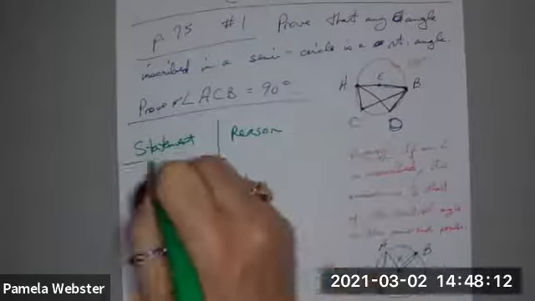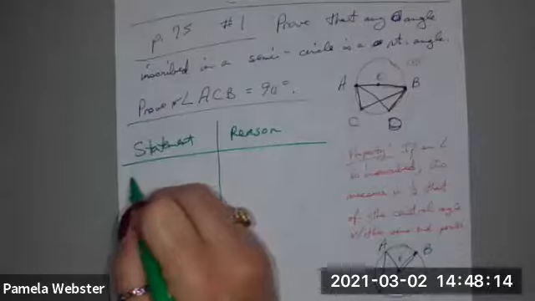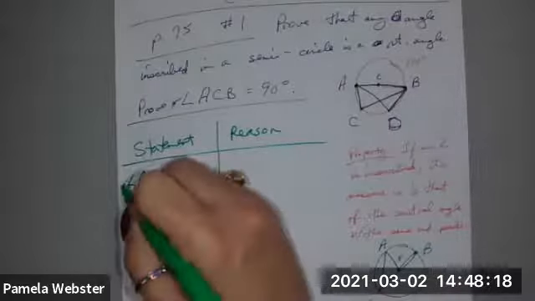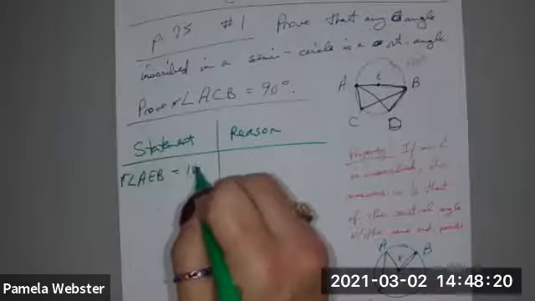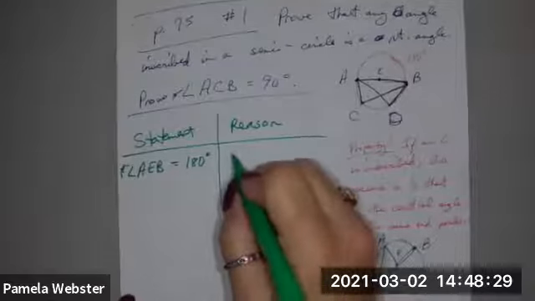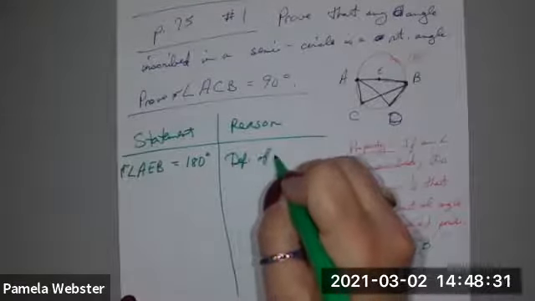It's actually just going to be a couple of steps. Step number 1 is going to say that the measure of angle AEB is 180 degrees. That's what Miss Summer gave me. How do I know that? It was given, or we can call it the definition of a semicircle.